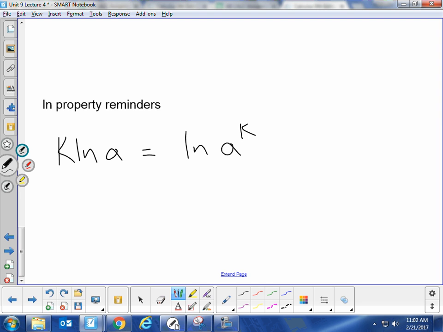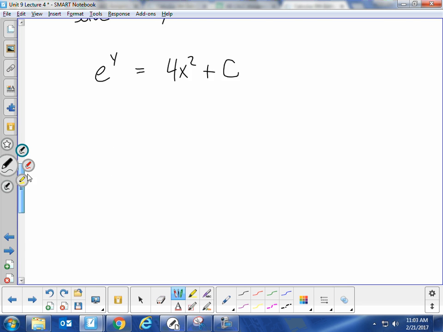So they're kind of already in a form where they're in a power. So we know x to the 3y can be written as x cubed to the y. It's the same thing here. This was just k log a, right here, it can be log of a to the k. Okay, some other things.